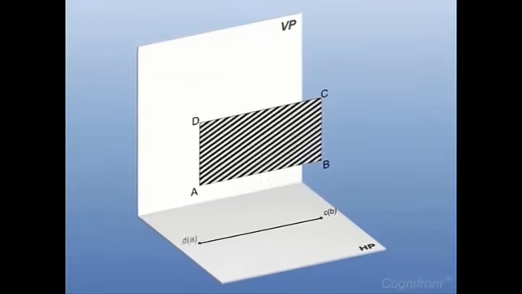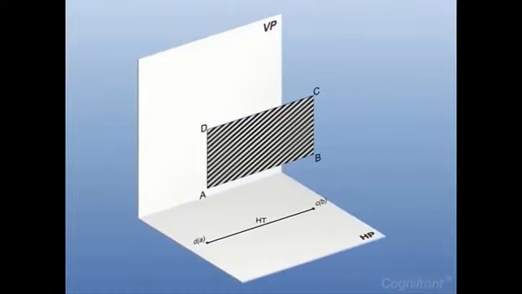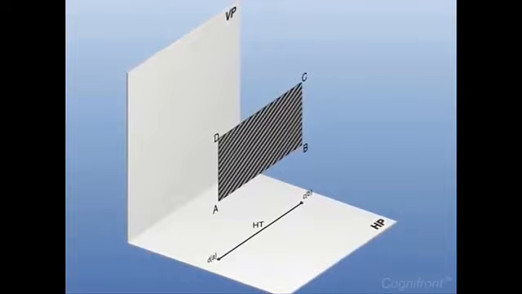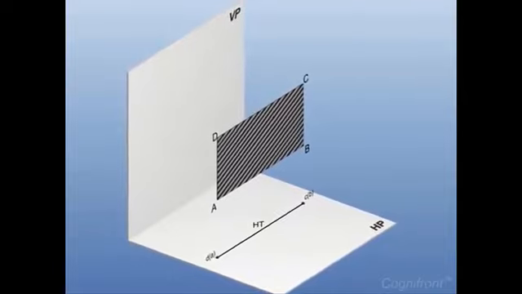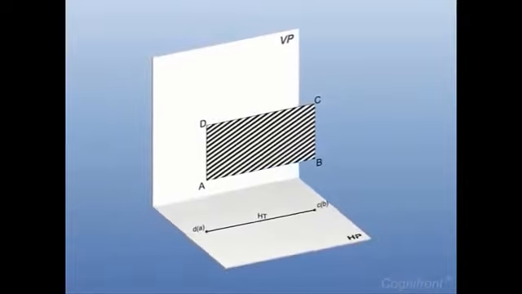The line DA, CB is the top view and the horizontal trace HT of the object. Since the plane is parallel to VP, there will be no vertical trace of the object. This is the visualization of a projection in three-dimensional space. So now we will proceed with actual drawing on paper.